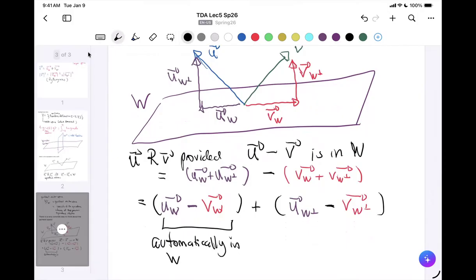Okay. And the orthogonal complement is also a subspace, right? So this is automatically in W perp, in the orthogonal complement.